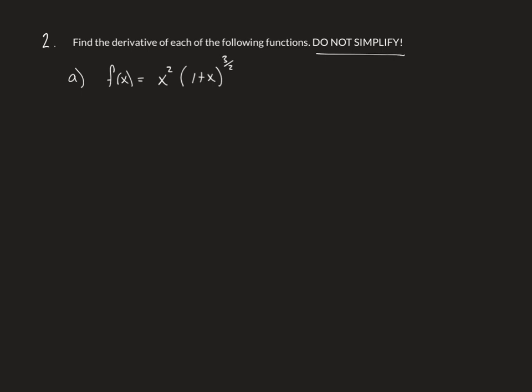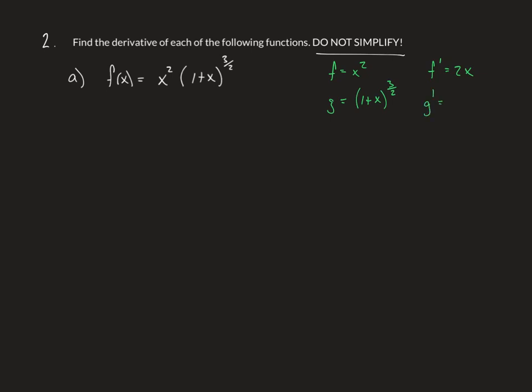All right, so here I am seeing a product rule where I would consider my f function to be x squared and my g function to be 1 plus x to the 3 halves. So then f prime is easy, that's 2x, but g prime, there's a chain rule there.